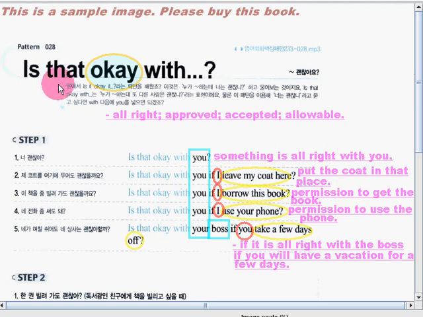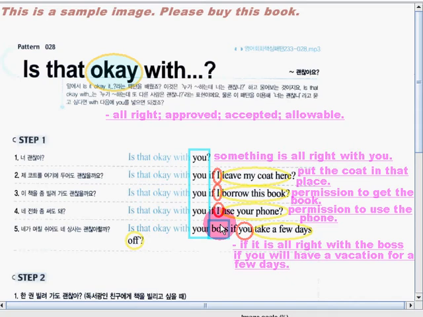Let's have some sample sentences so that you will understand our pattern more. Number 1, is that okay with you? Is that okay with you? You can see the word after with is a person: you, or your boss. So that means we have someone that we are pertaining to the action.